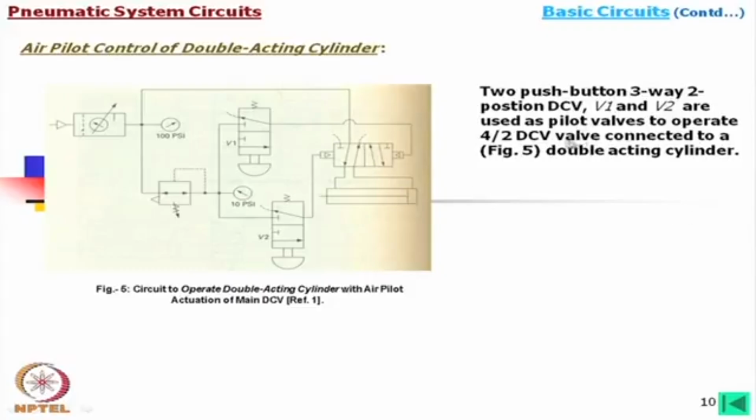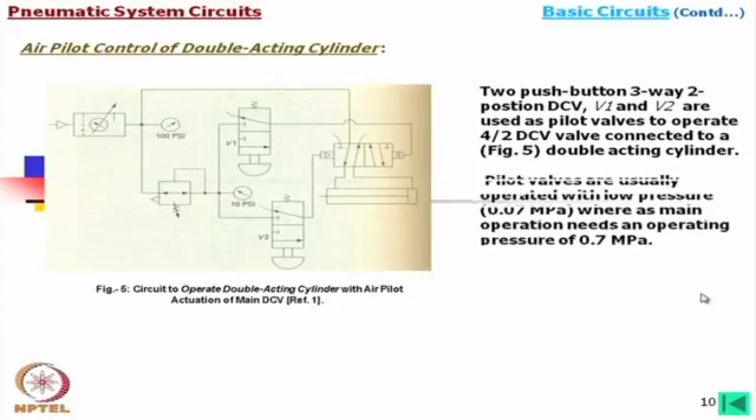Again I have made a mistake, I could have written DCV only. Pilot valves are usually operated with low pressure, 0.07 megapascal, whereas main operation needs an operating pressure of 0.7 megapascal.